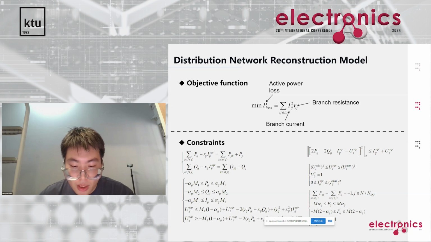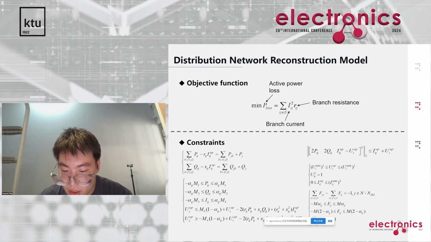and connectivity constraints. In the constraint conditions, we adopt two key relaxation methods. First is the big M method, which includes a sufficiently large constant M to relax the on or off status constraints of branches.